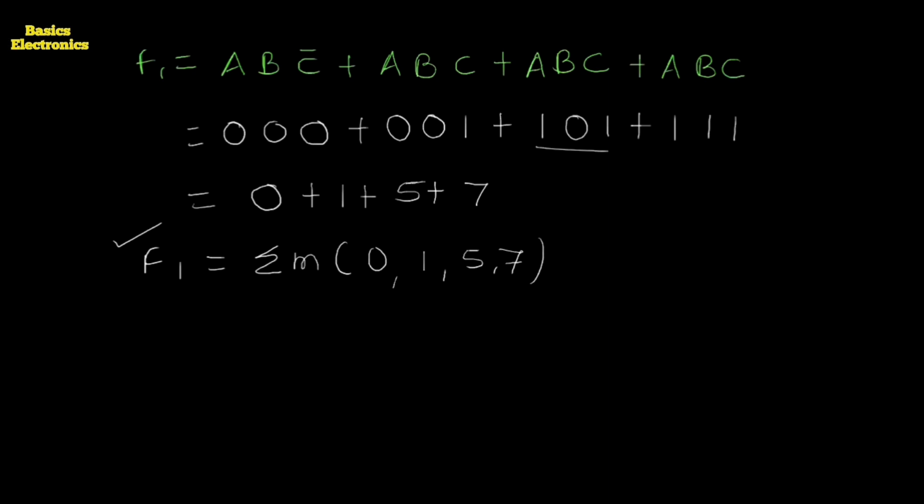So here just one change: if the equation is in the form of SOP, sum of product form, then you just use 0 for the inverted variable and 1 for the non-inverted variable, or the active low variable and the active high variable.